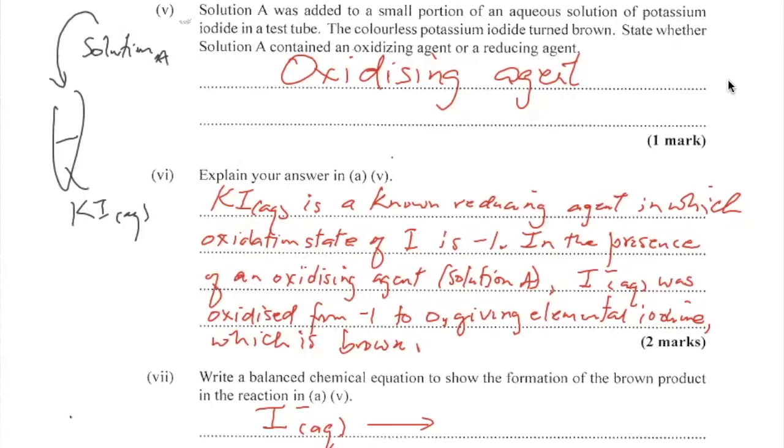So if an electron is being removed from I-, it means that we're going to end up with I in the elemental state without a charge. And of course, this would still be in aqueous medium, and we're going to have the electron that was lost available now, because as we said earlier, it's a transfer of electron process. But of course, this process happens a second time because we could not have elemental I by itself.